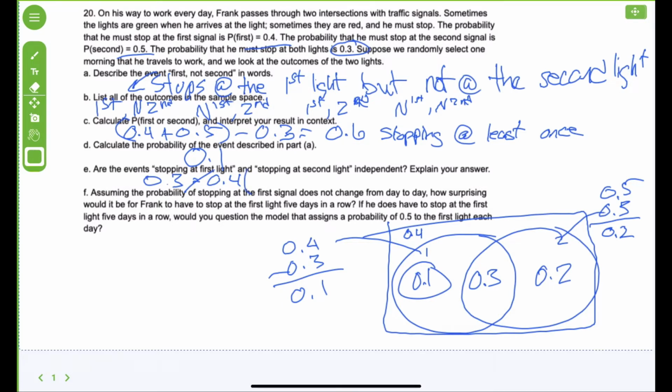We'd have to times that by 0.05. And it's still not the same. So no, they're not independent.